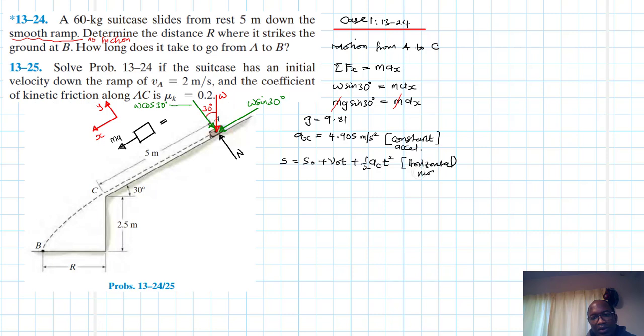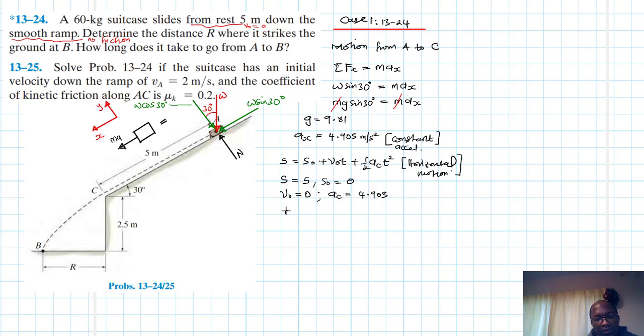Our s is 5, our s naught is 0, and our v naught, since this is starting from rest, is 0. Our a is the same one we calculated, 4.905, which is half of 9.81.